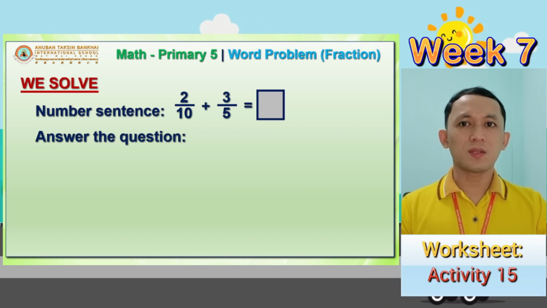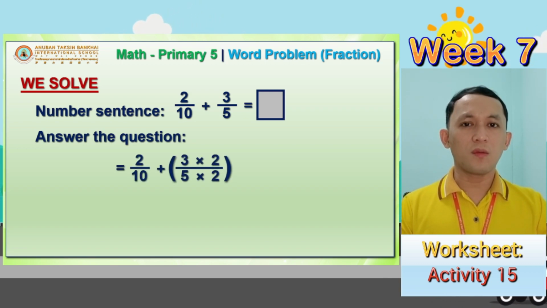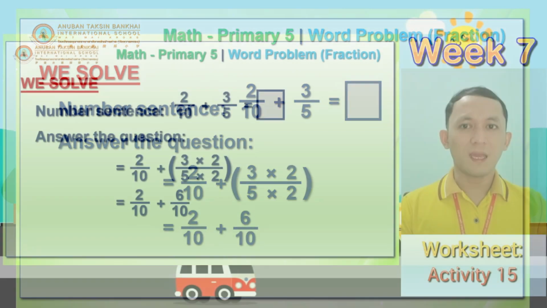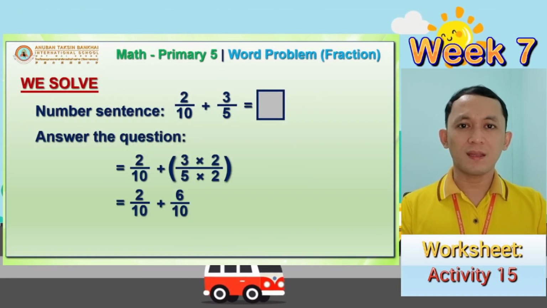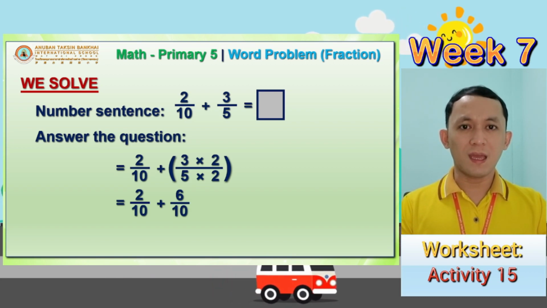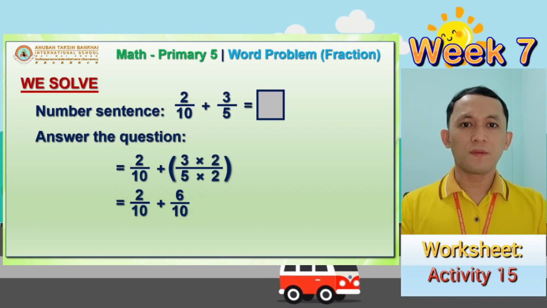First, we're going to write 2/10, and we are going to change 3/5. So we are going to change the denominator to 10. So we are going to multiply it by, of course, 2. So we have here now 3 times 2 is equal to 6. 5 times 2 is equal to 10. So now we can add our fractions, which is 2/10 plus 6/10.